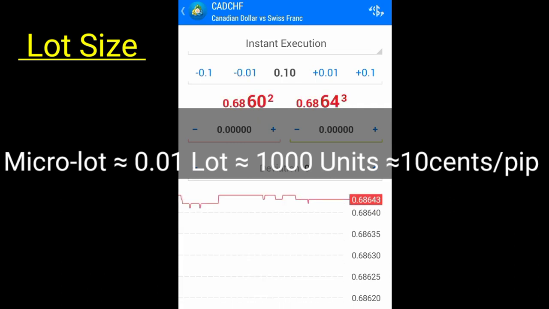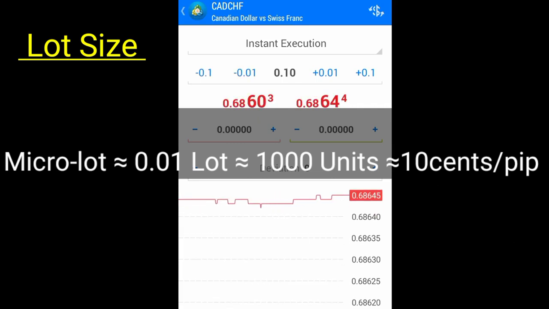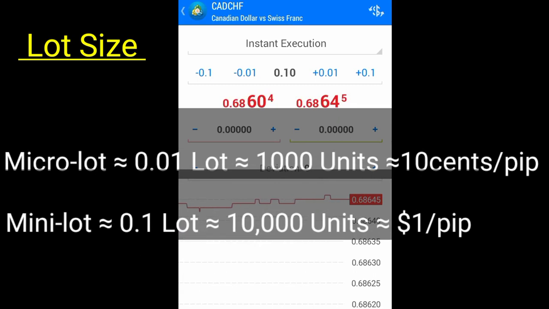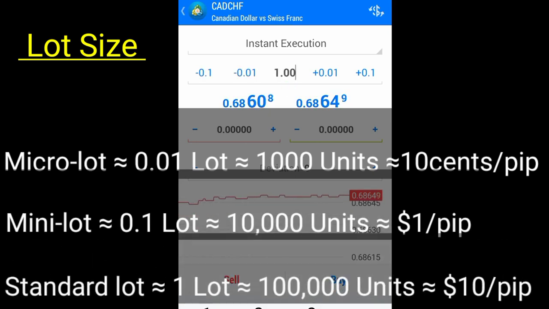So the next lot size we have is 0.1 lot size, which is a mini lot size, and this mini lot size is equivalent to 10,000 units of contract, and one pip move under this contract size is approximately $1. Then we now have the standard lot size, which is equivalent to 100,000 units of contract, and one pip move in this contract size is approximately $10.